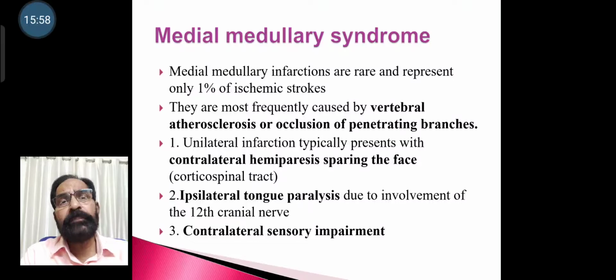There can be ipsilateral tongue paralysis due to involvement of the 12th cranial nerve and also contralateral sensory impairment because of the involvement of the medial lemniscus.